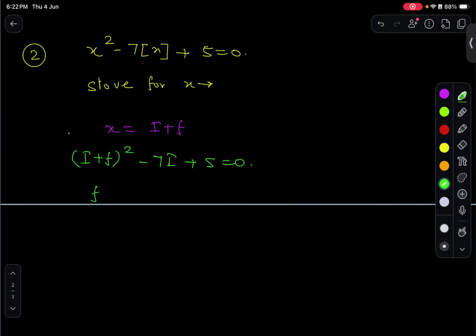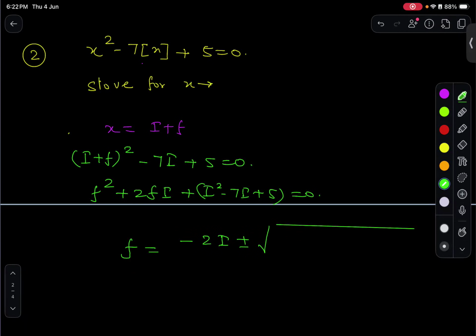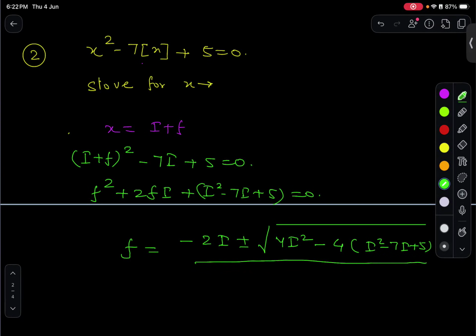So this is coming as f square plus 2fi plus I square minus 7i plus 5. Not very conducive, but you can go for f is equal to minus 2i plus minus under root of b square, that is 4i square, minus 4ac, that's I square minus 7i plus 5, upon 2.